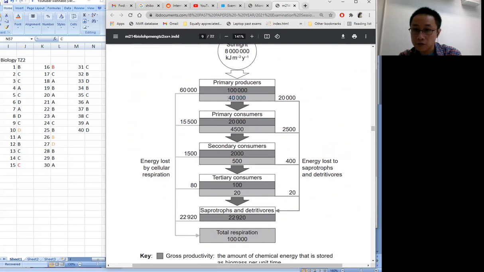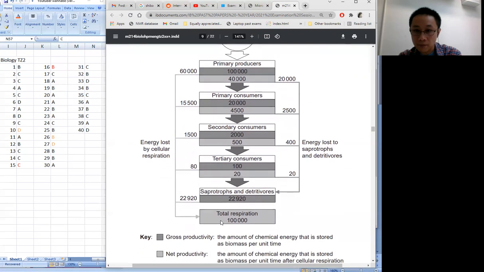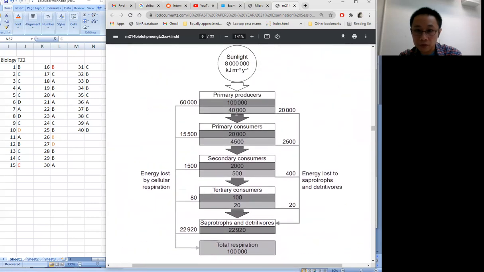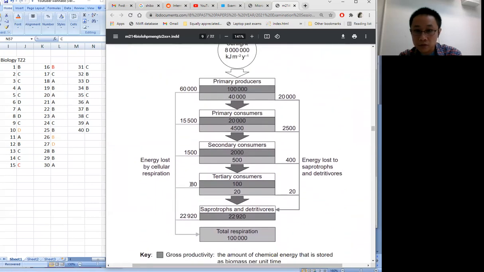Yeah, so 40,000 is what's passed from primary producers to primary consumers, and then lost to cellular respiration by tertiary consumers. You lose 80. So the 40K gets passed on, and then you lose 80.